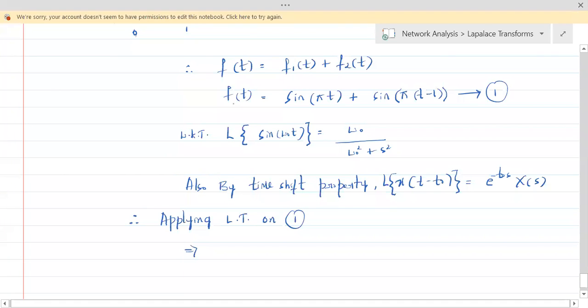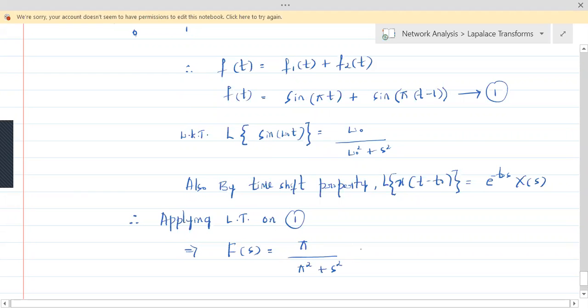If you apply the Laplace transform on f of t, it is F of s. Sine pi t is there. What is the Laplace transform of sine pi t? See here, the Laplace transform of sine omega naught t is known. So in place of omega naught, you have pi. So it is pi by pi square plus s square.